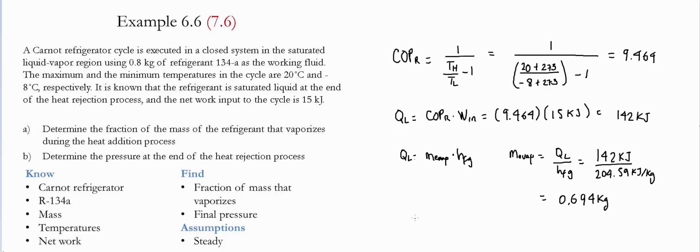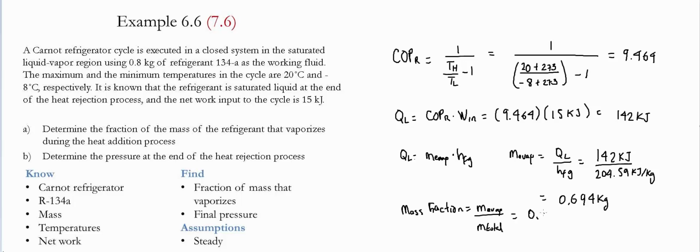Now, in order to calculate the fraction of the mass of the refrigerant that vaporizes, we simply do the mass fraction. It is simply going to be the mass that we just calculated, whatever gets evaporated, divided by the total mass that we had.